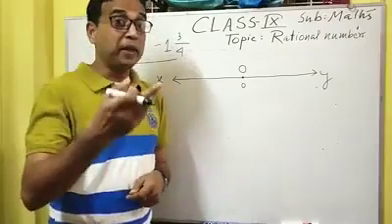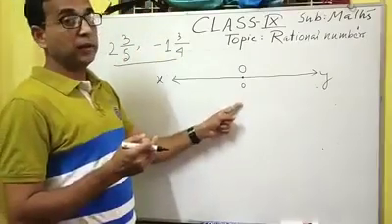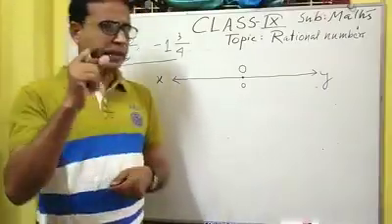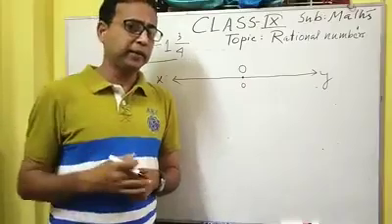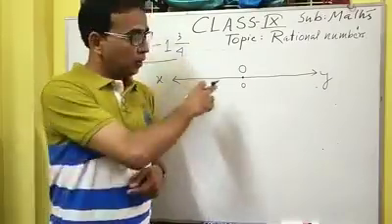How can I represent rational numbers on the real line? Taking a fixed length as a unit length, represent integers on the line.